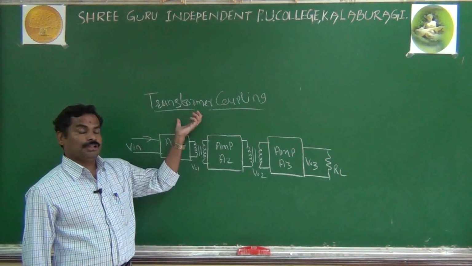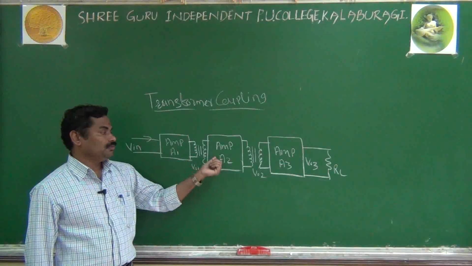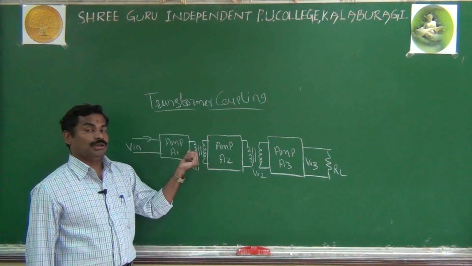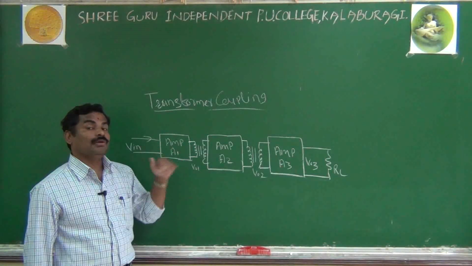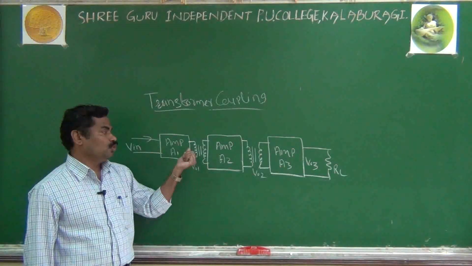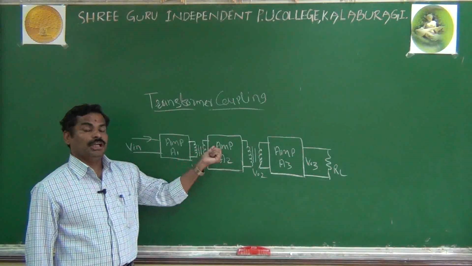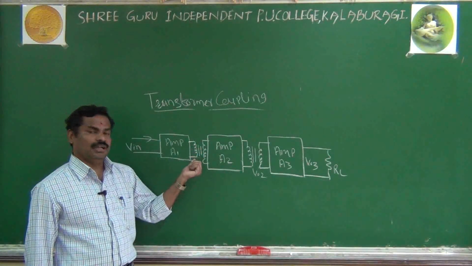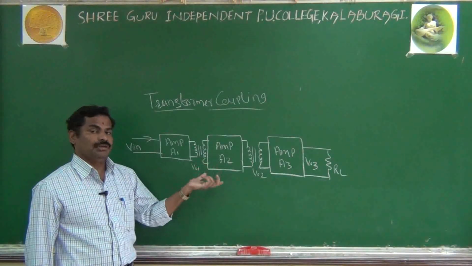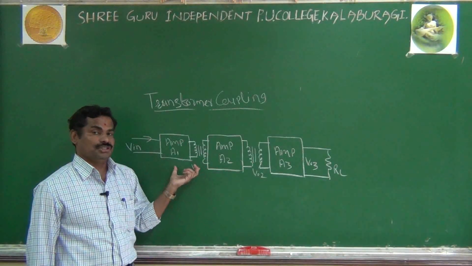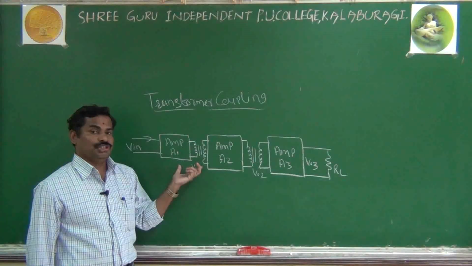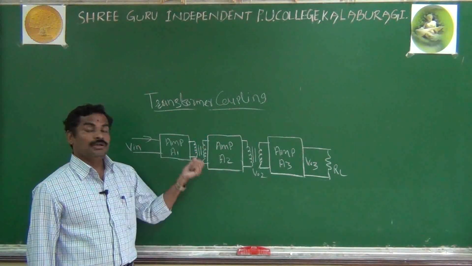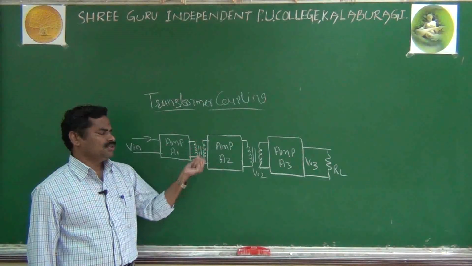In transformer coupling, in between the stages of amplification, you use a transformer. The transformer transfers the output of one stage to the input of the next stage. You are transferring the AC signal, the AC output, to the input of the next stage by using transformers. Why do you use transformers?